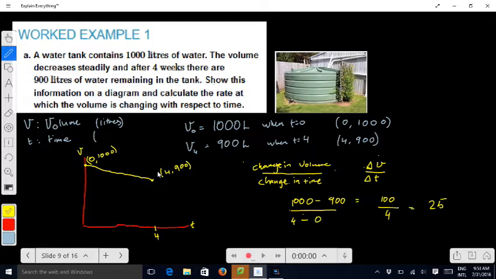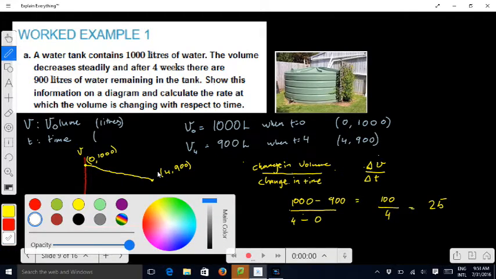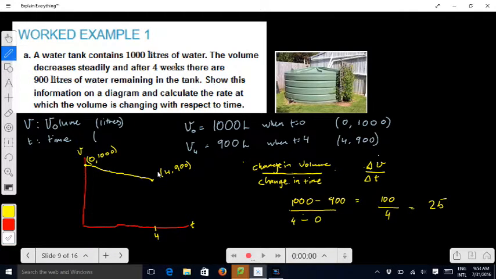So change in, meaning always, it's our final take initial.